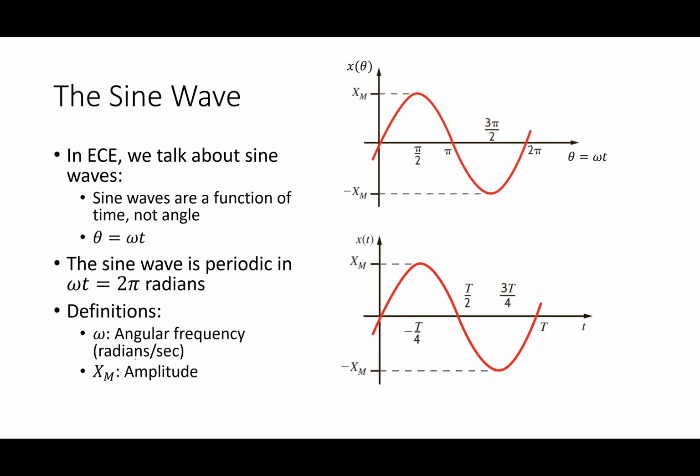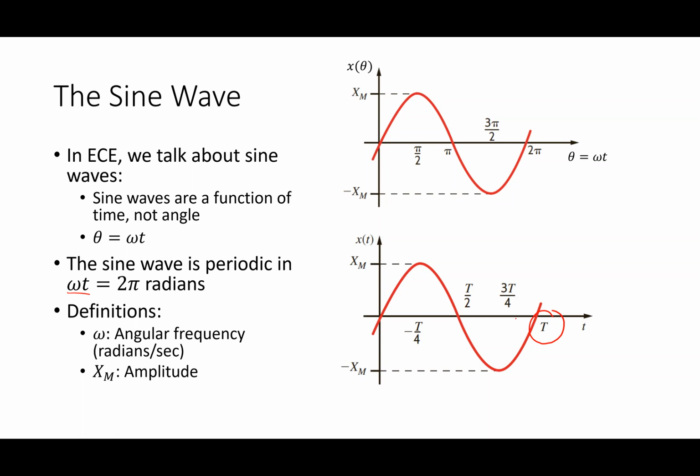Okay. And the sine wave is periodic in 2 pi radians. And so what that means is when omega t equals 2 pi, that's the time at which I have finished one period. Okay. Now, the time that it takes to finish one period, we give a name, the period, which we call T.